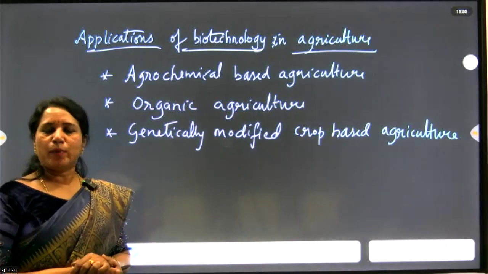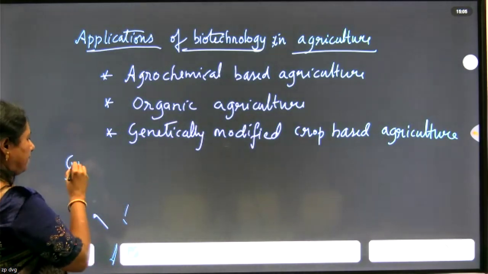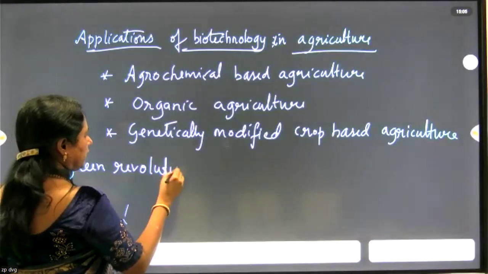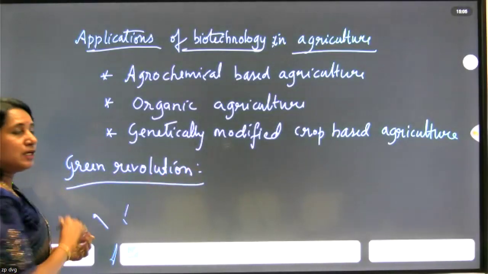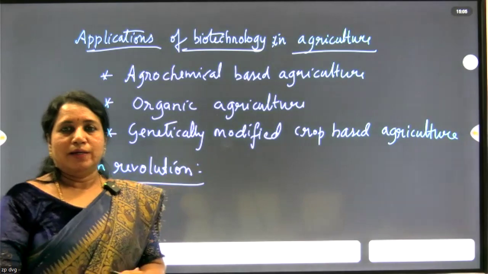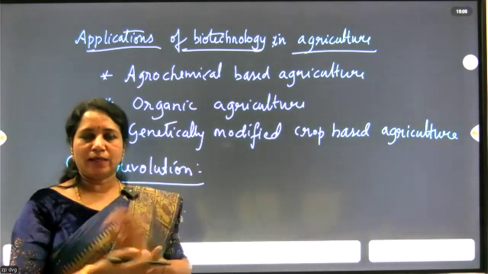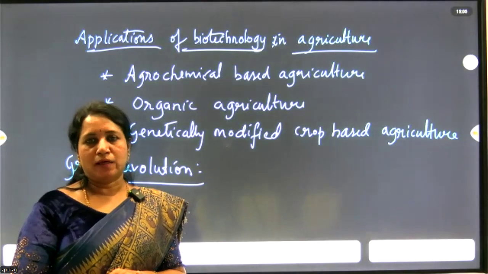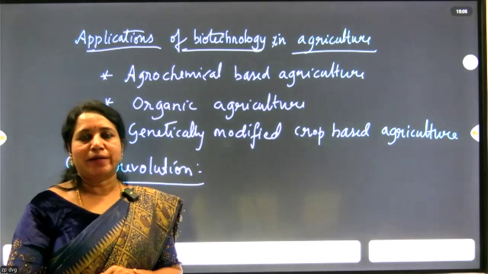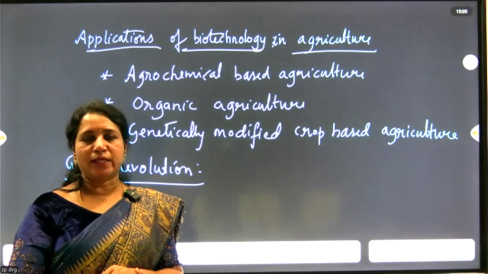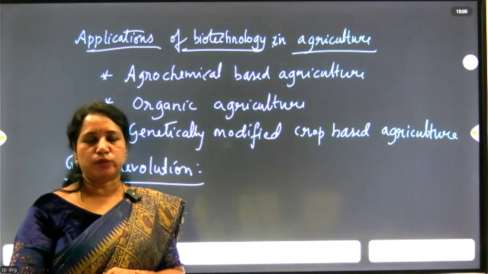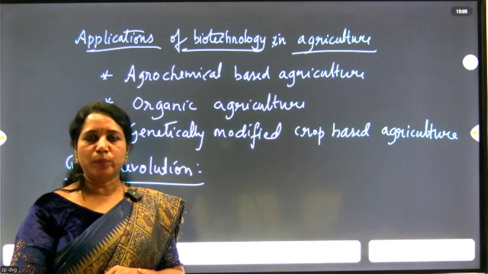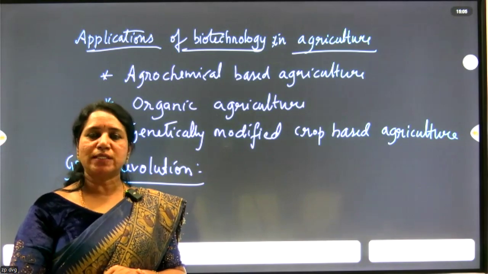You have heard about the green revolution. The green revolution happened in agriculture when Norman Borlaug thought that the world was under a scarcity of food and there was not sufficient food supply for people around the world. So he thought to improve the crop varieties and also increase the yield.